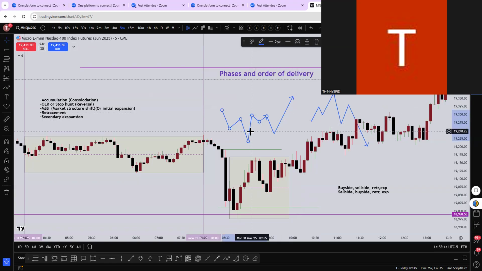We need to get back down to fair valuation or a discounted portion of this leg to then take a buy. All this is manipulation, inducement, the market trying to get people in early, take the sellers out, buyers out. They're going to do that many times, but we're going to teach you what key levels to focus on inside of here so that you won't get tripped up.